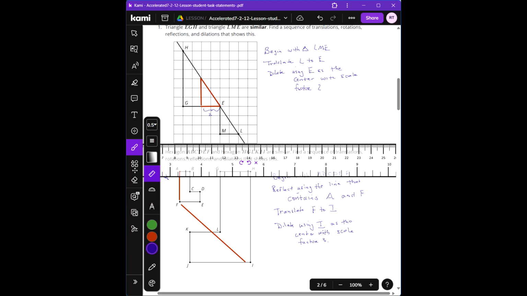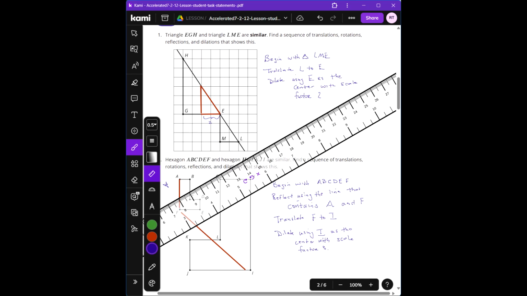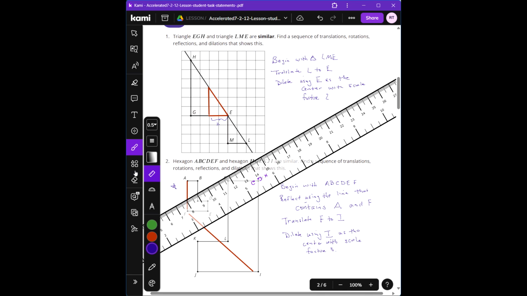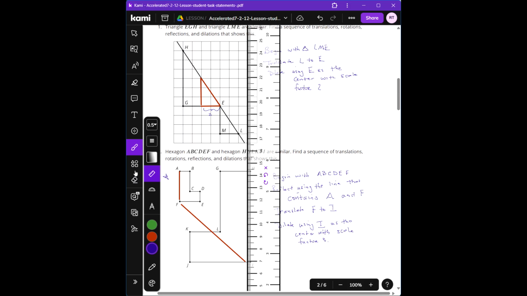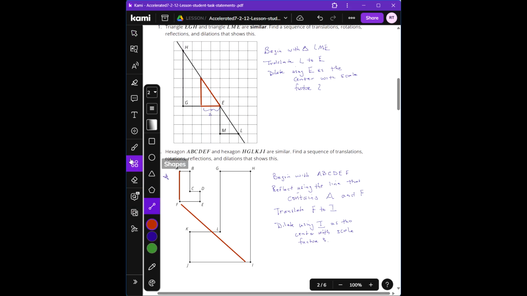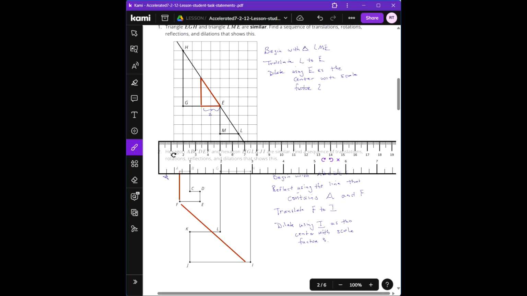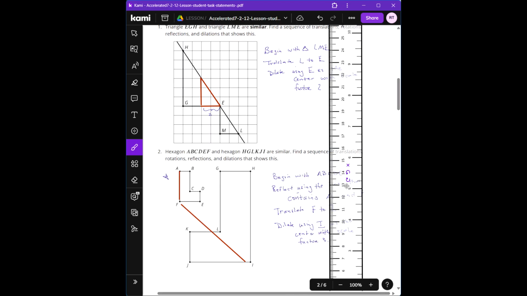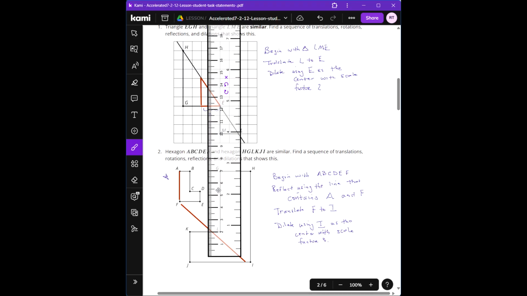So what we do maybe is measure. Oops, sorry about that. Let's go ahead and put our ruler. We're going to rotate it and then we're going to move it.